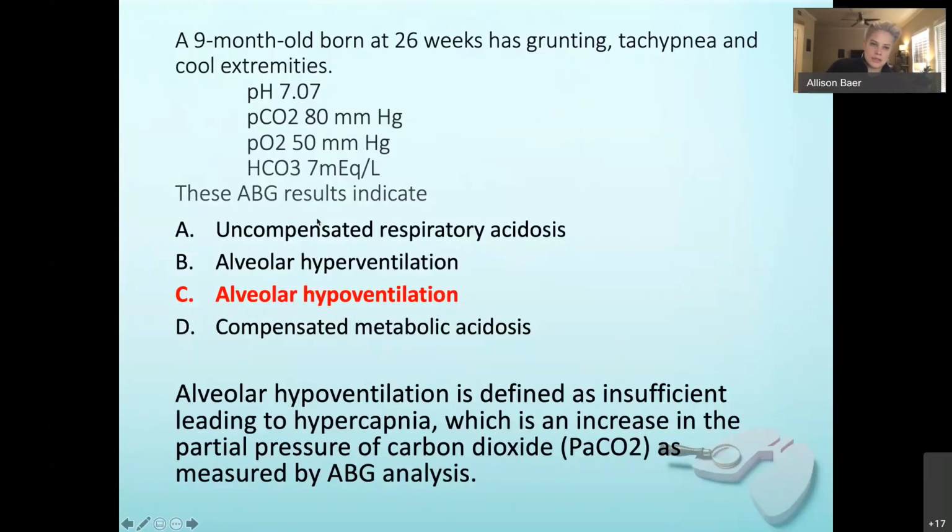So I think the reason it's not uncompensated respiratory acidosis is because they are trying to compensate, but you can see from the CO2 and O2 both being out of whack that the alveoli aren't getting ventilated as much as they should. So I thought that one was a little mean and tricky. That's why I show it.